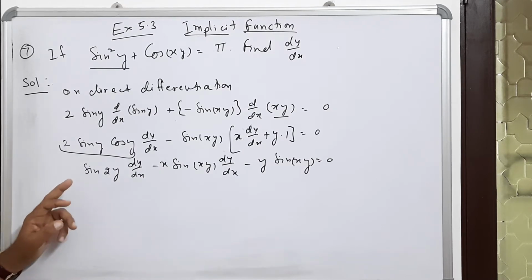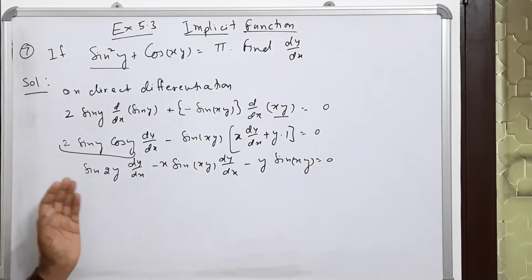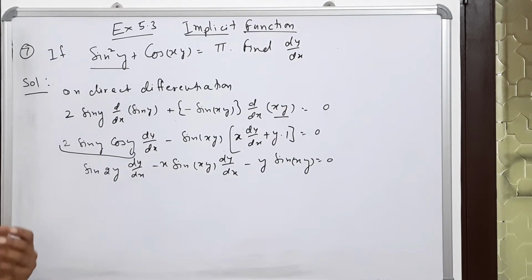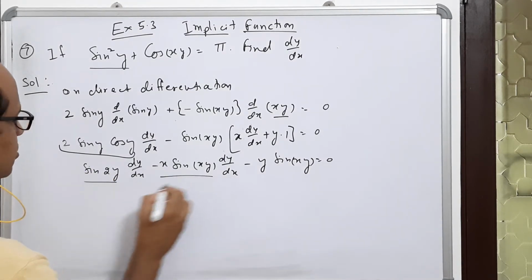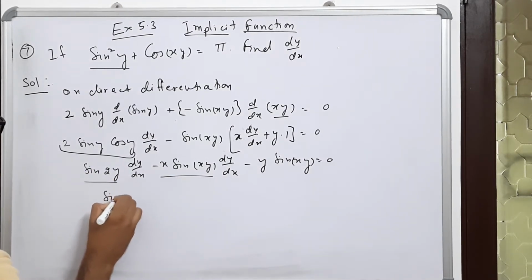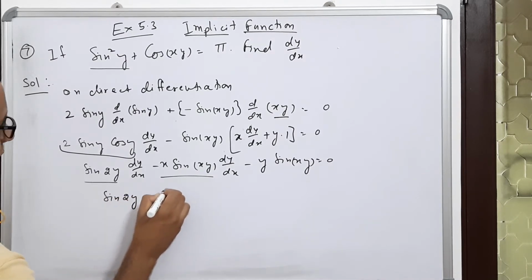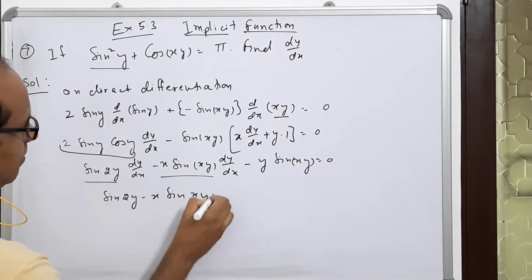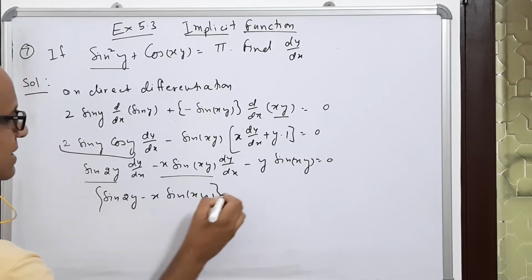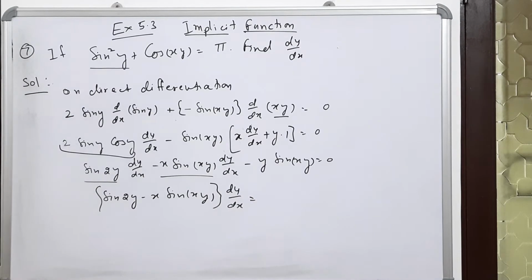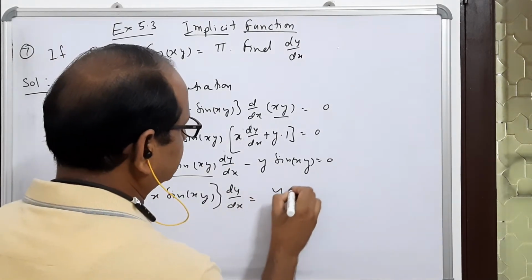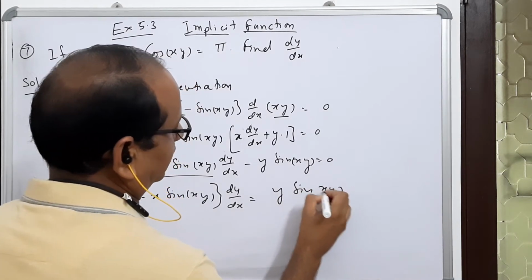Now as I told you earlier, the simple rule of the implicit function is that all the terms which are having dy by dx we write separately, that is at the left hand side. So from these two terms I am taking dy by dx common. So sin 2y minus x sin xy and then the common is dy by dx. And the term which is not having dy by dx, we write at the right hand side, and that is y sin xy.